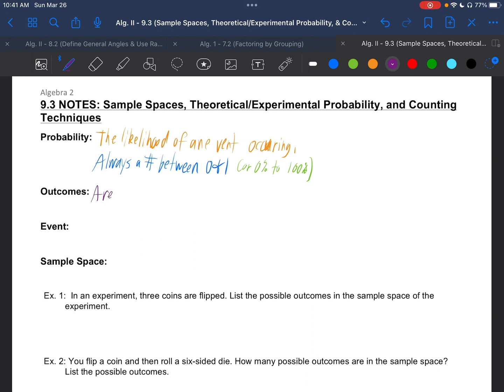Outcomes are the results of an experiment.